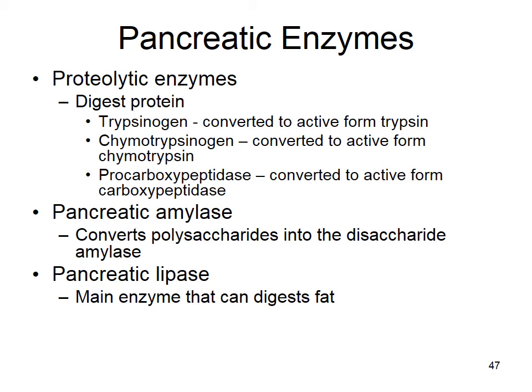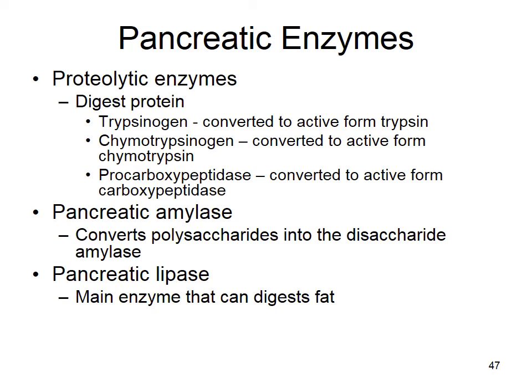Trypsinogen gets activated by enterokinase. Remember, enterokinase was one of those brush border enzymes on your enterocytes. Okay, so trypsinogen gets released into the duodenum, and then enterokinase converts it into trypsin, and then trypsin will activate chymotrypsinogen into chymotrypsin, and then trypsin will activate procarboxypeptidase into carboxypeptidase.